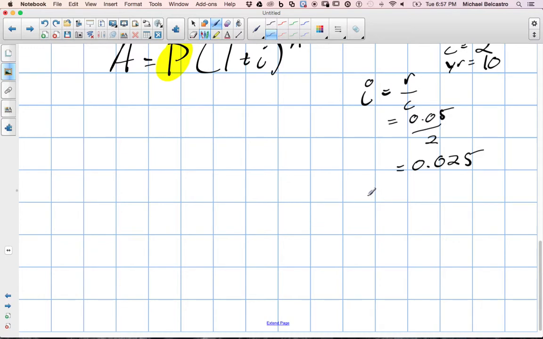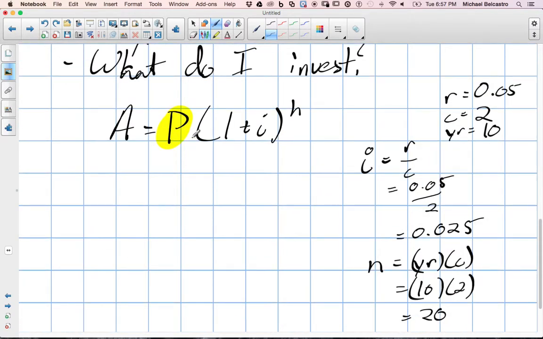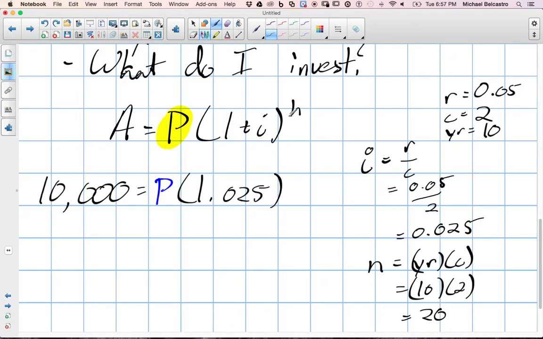Our N, the number of periods, is your years times your compound period: 10 years times twice a year, so 20 periods over the life of this account. Our A is now 10,000, and P is the unknown. 1 plus the interest gives 1.025, and N is 20.